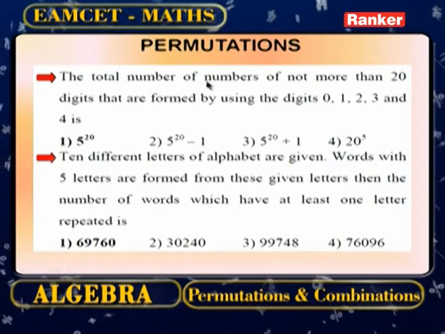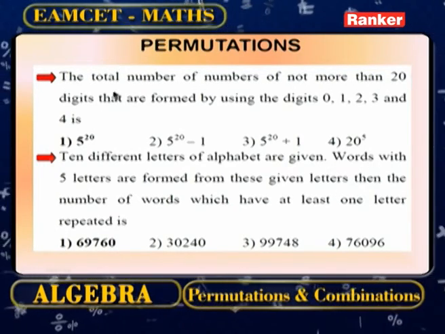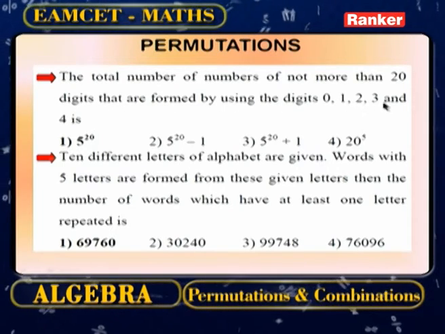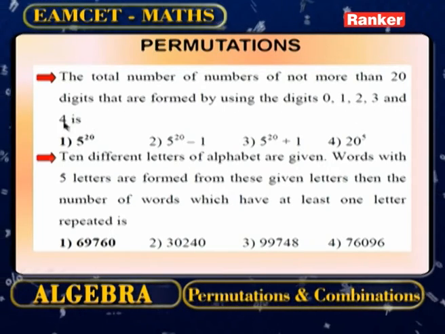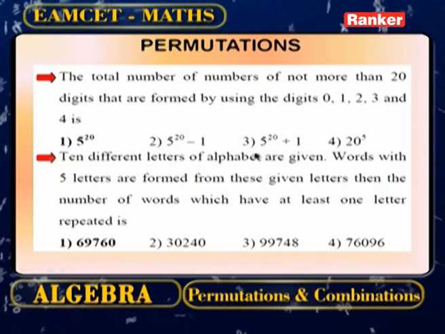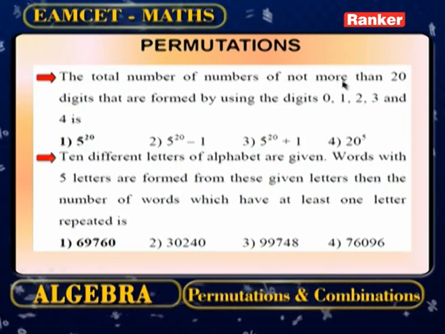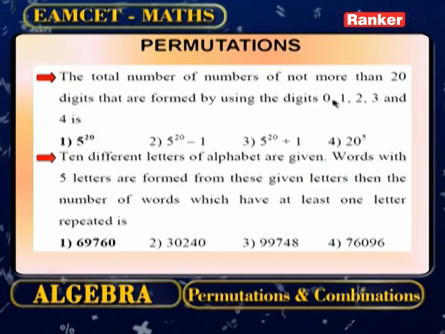The total number of numbers of not more than 20 digits that are formed by using the digits 0, 1, 2, 3 and 4 is to be found.